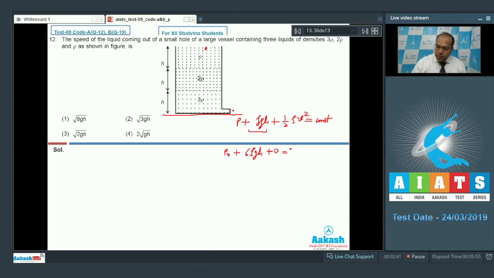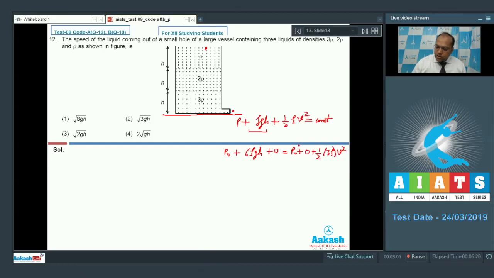That is equal to, when the liquid just ejects out from the hole, atmospheric pressure P naught, the value of h is 0, and let the speed at this moment be v, with half into 3 rho into v square.